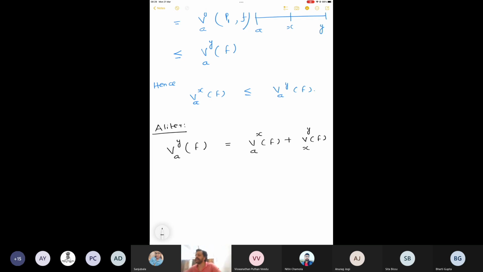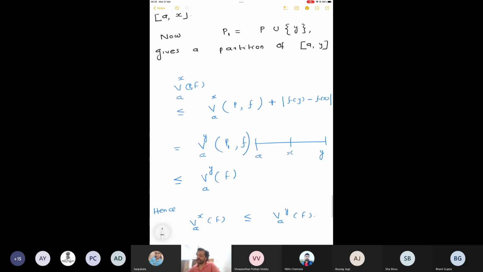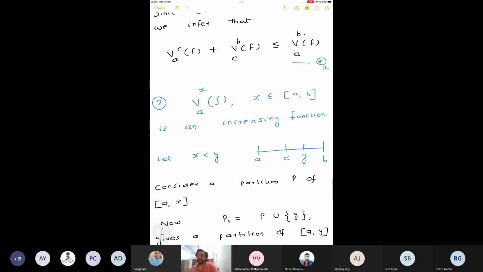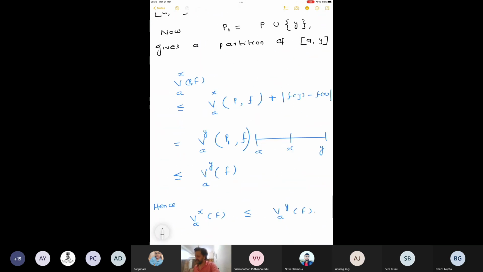And this is greater than or equal to the total variation of f over [a, x] because each quantity on the right hand side is non-negative. But I went for a different proof because this will be used again later. In any case, the total variation over [a, x] as a function of x is an increasing function.